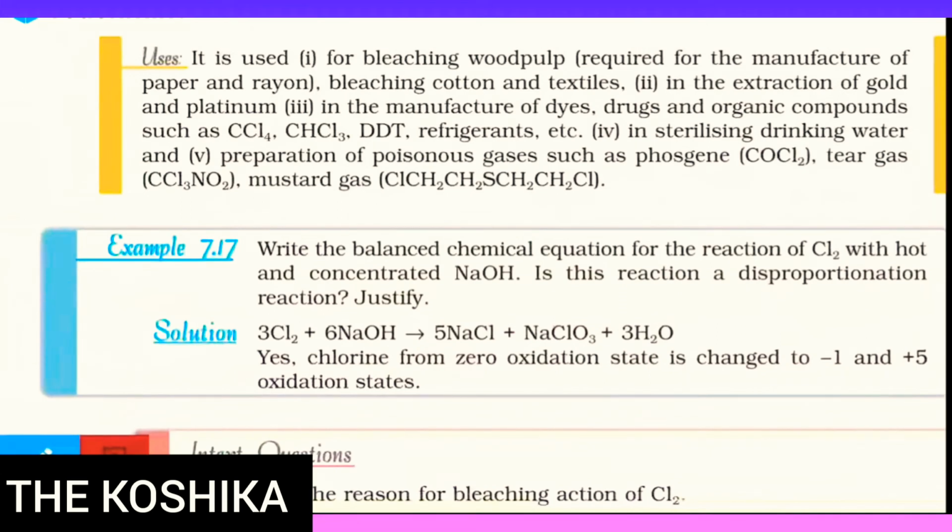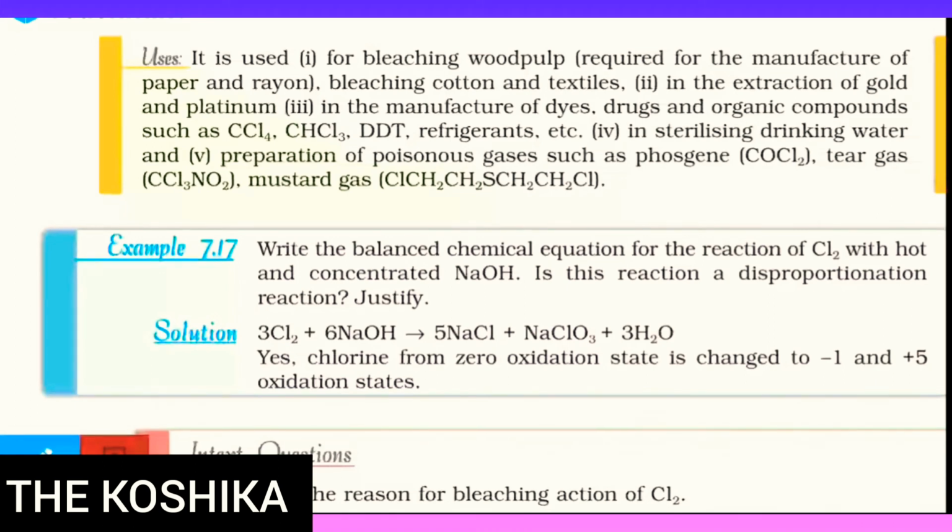It is used for bleaching wood pulp required for the manufacture of paper and rayon, bleaching cotton and textiles. Second, in the extraction of gold and platinum. Third, in the manufacture of dyes, drugs, organic compounds such as carbon tetrachloride, CHCl3, and then DDT, refrigerants.